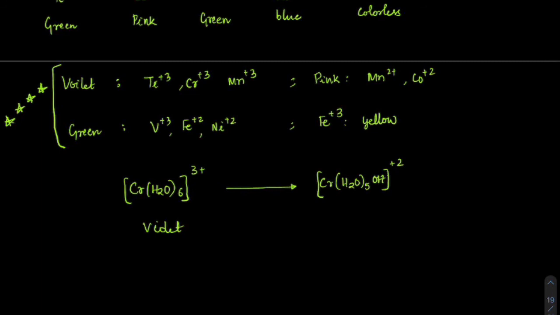Then this will become green color plus H plus. This is on hydrolysis. So इस complex को हम लोग hydrolyze करेंगे, so then it will convert into green color. Otherwise, if it is like a crystal, it is violet color. Got that?